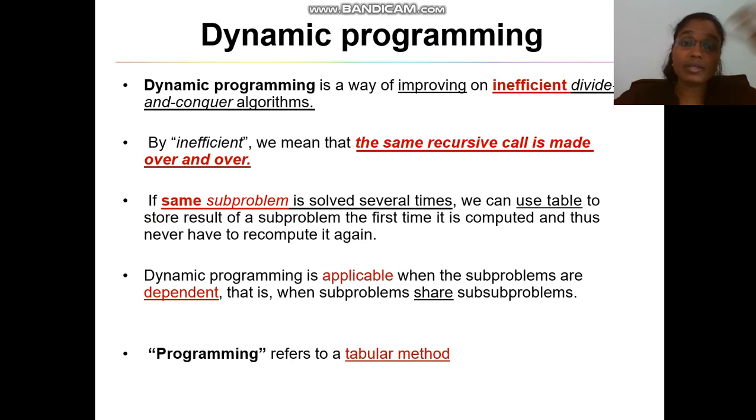Dynamic programming is a way of improving the inefficient divide and conquer algorithms. Why we say inefficient is that the same recursive call is made again and again.